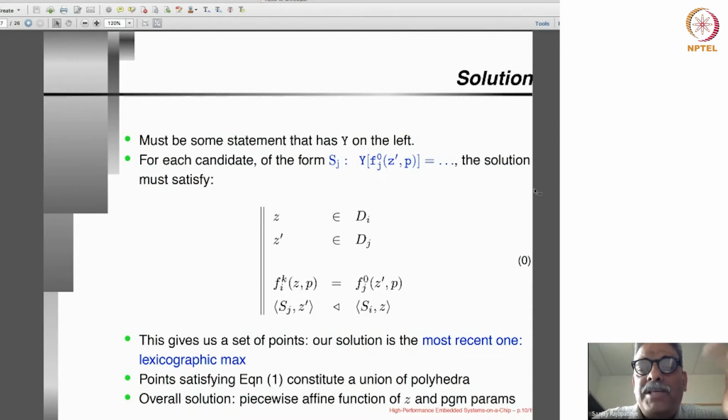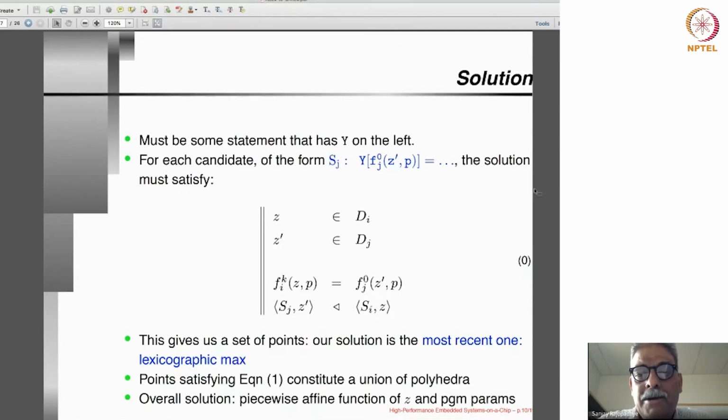First of all, my z must belong to the iteration space of the statement Si, and z prime must belong to the iteration space of the domain of Sj. So these are linear inequalities that must be satisfied by these sets of indices. I have two sets of indices, the indices of statement Si and the indices of statement Sj.